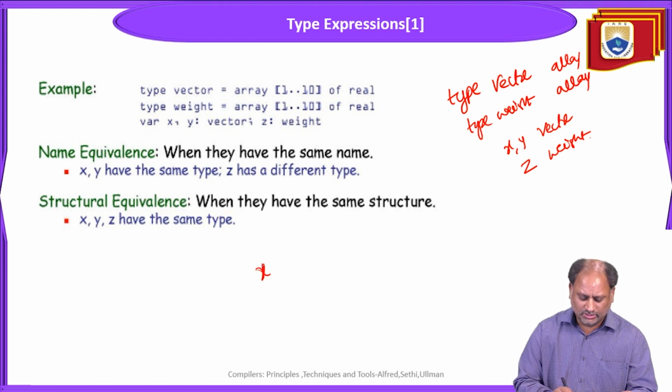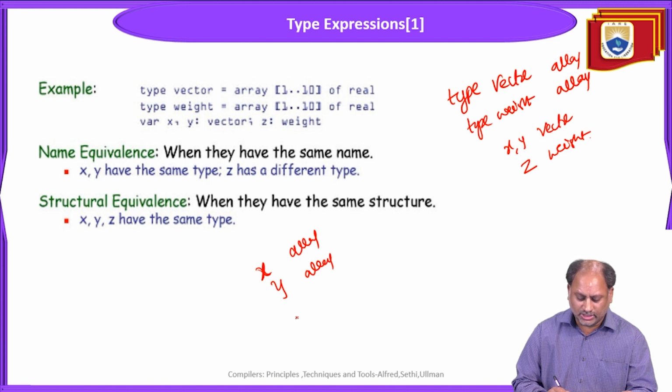Suppose x. What is the type expression? So here the variable x, which holds the vector, is of type array. And y is a vector, so what is the type? It is array. It is also array. So both are the same type.